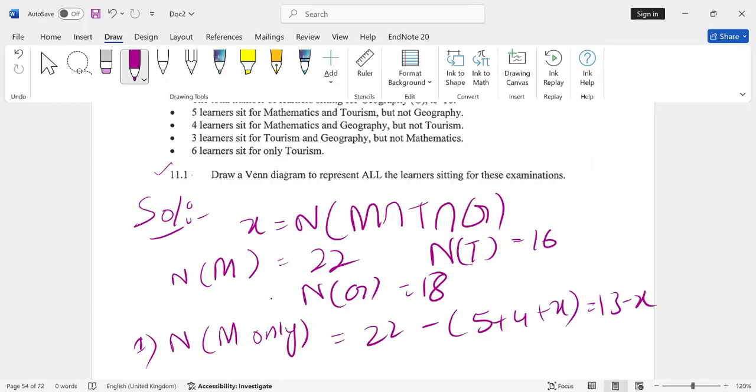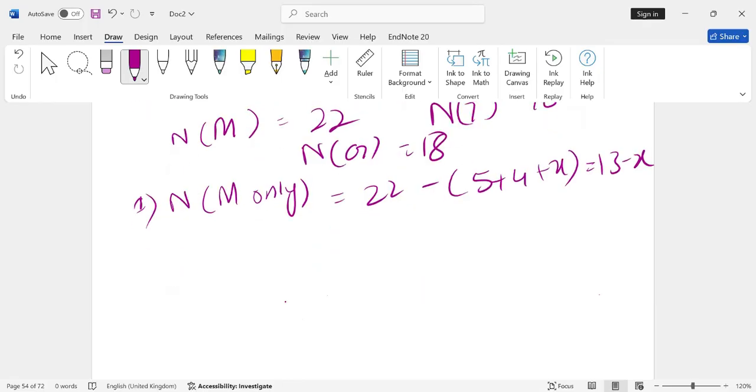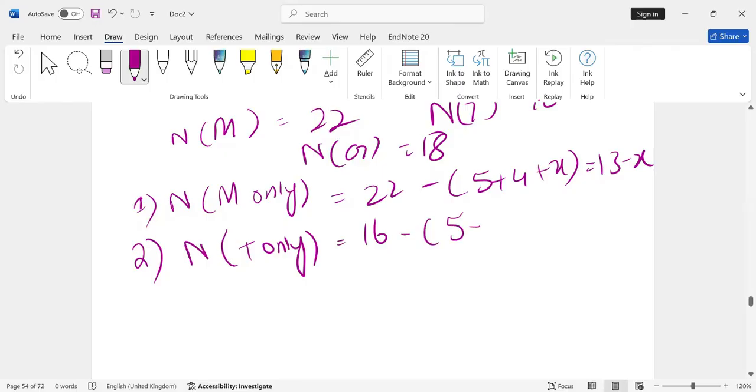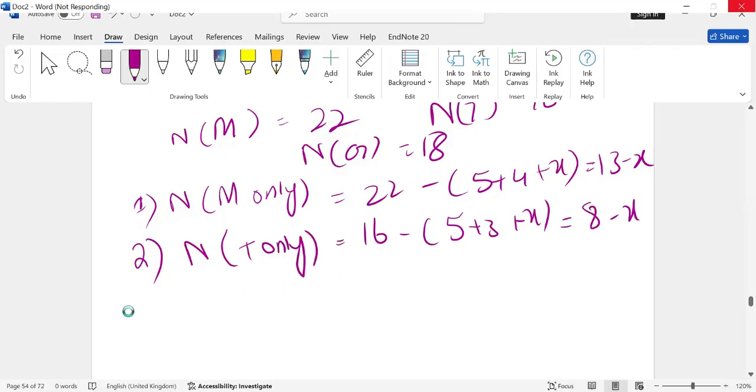The second is n of T only. For this we have 16 minus (5 plus 3 plus x), which gives 8 minus x.